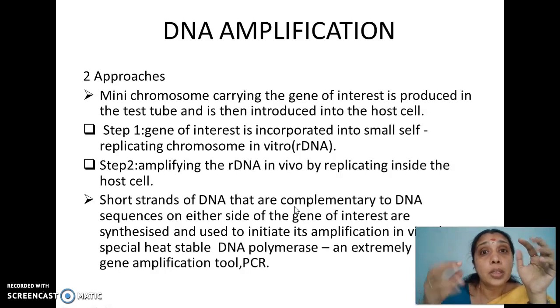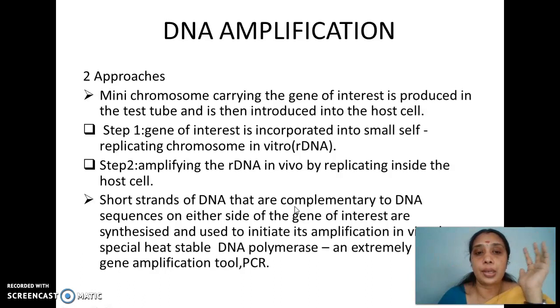The virus incorporates the chimeric gene, and this chimeric gene now gets multiplied along with the host cell. Short strands of DNA that are complementary to DNA sequences on either side are added. It is ready for amplification. This is how we do it in the in vitro process.